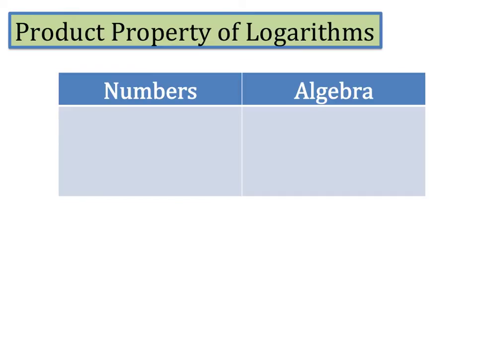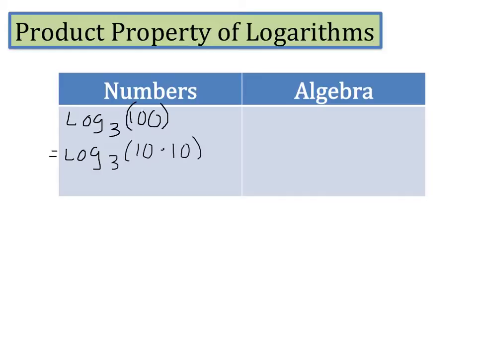The first property we're going to learn about is the product property of logarithms. The logarithm of a product is equal to the sum of the logarithms of its factors. So, for example, if we had the expression log base 3 of 100, we can break that down by breaking down the product of this term. That's equal to log base 3 of 10 times 10.